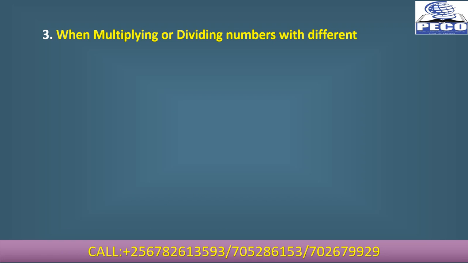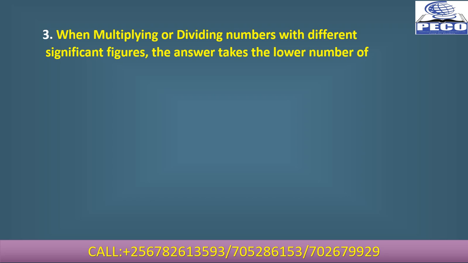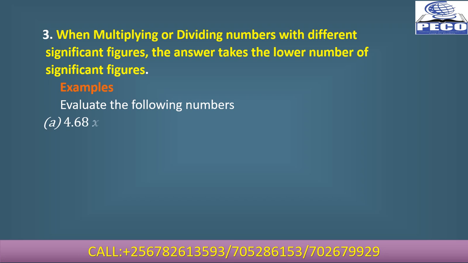I want you to note also that when multiplying or dividing numbers with different significant figures, the answer takes the lower number of the significant values, the lower number. I'm going to explain this in this example. Okay, evaluate the following numbers.